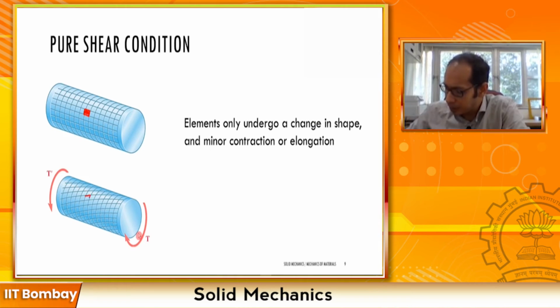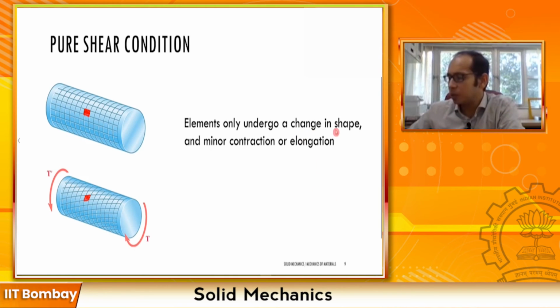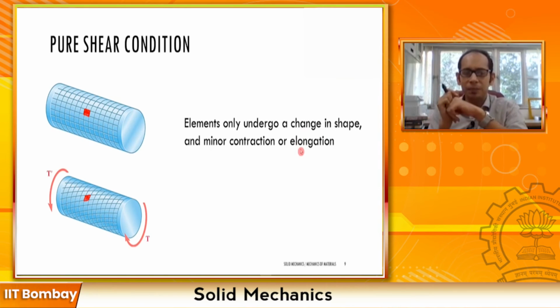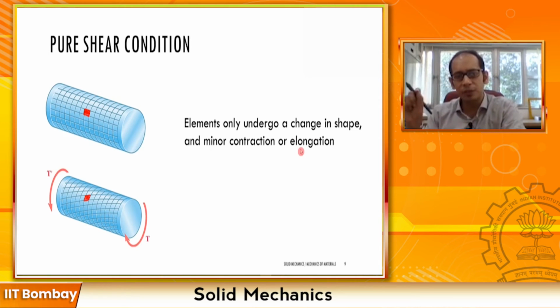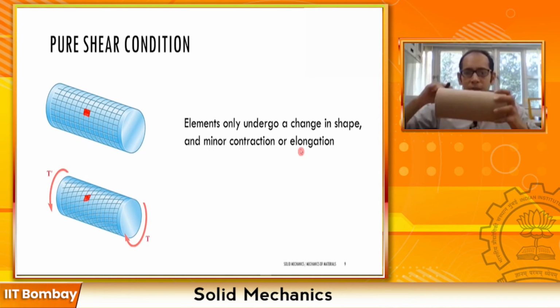This element has somehow become like this over here, right? Now, as is mentioned here as well, elements undergo a change in shape and only a very minor contraction or elongation, very negligible shifting of the points about the longitudinal axis, but you have a more appreciable shifting about these particular axes.